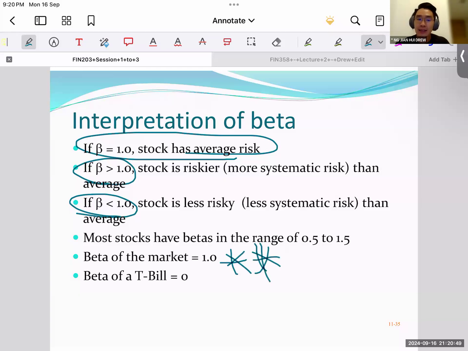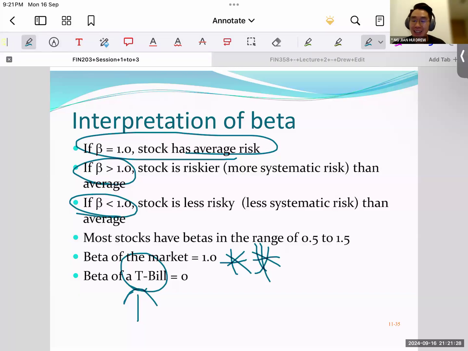Market beta is 1. Now, a T-bill. Would anyone like to recall what a T-bill stands for? The question is, what does a T-bill represent? Treasury bill, okay, but in terms of the concept, what does it represent? Inflation, you're right, and they are considered risk-free.